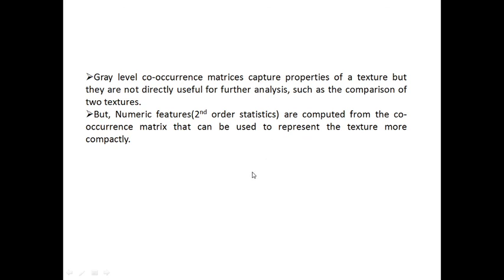So in this manner the GLCM is highly helpful in recognizing the given texture present in the image, by finding the second order statistics, which can be found once I have obtained the normalized GLCM.